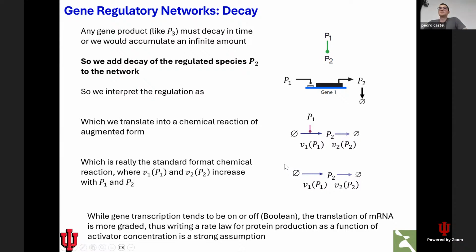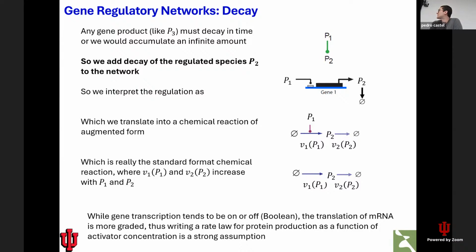As a note here, the gene activation or inactivation tends to be a Boolean thing. It's either on or off. While mRNA tends to be something more graded. Because you can have multiple mRNA molecules in the cell, and they all translate the protein, so you can have different levels of protein translation, protein production, depending on your mRNA.